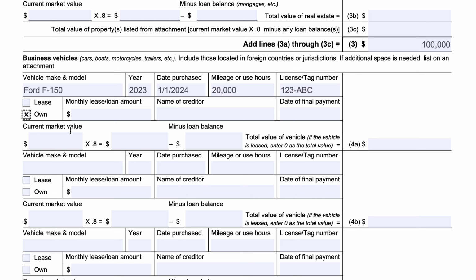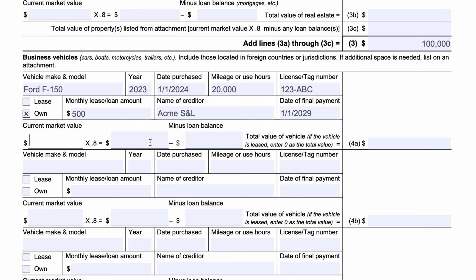And they own it. Still making payments. Date of final payment, let's just say that that's a 5-year loan. Current value of this truck, let's just say that it's $50,000.